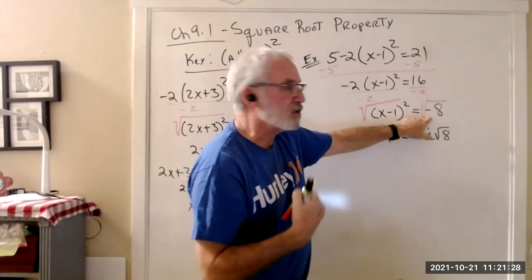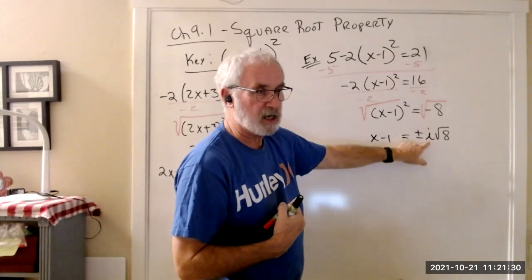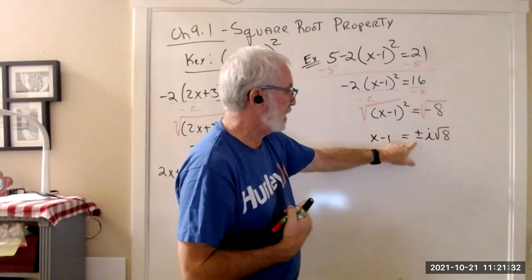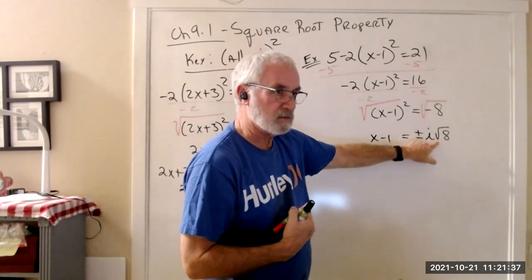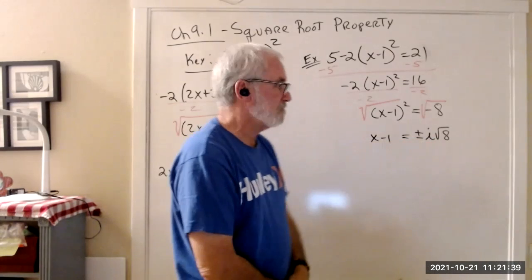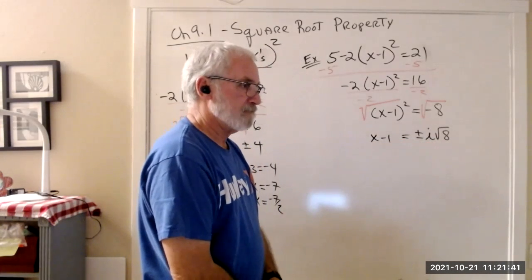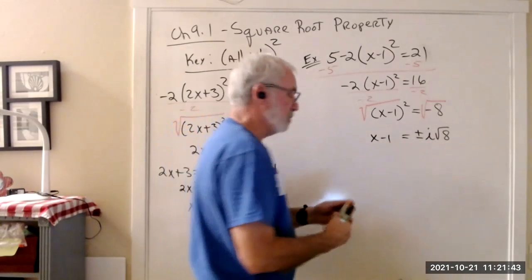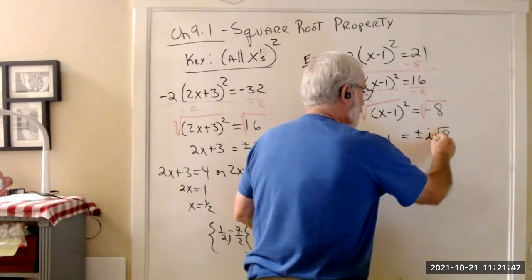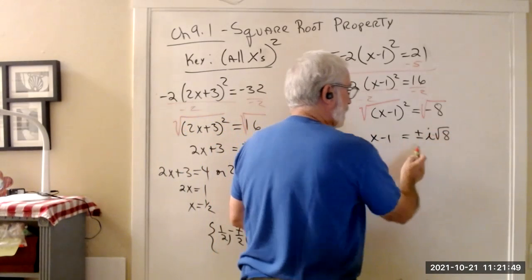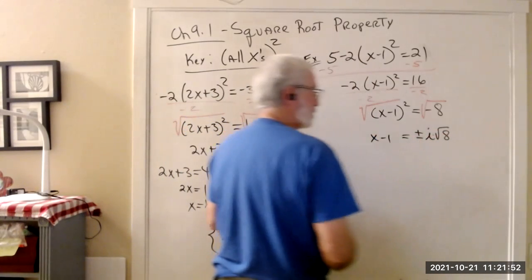That instantly comes out as an i. So plus or minus i times the square root of 8. Notice Aunt Sally, PIMDOS is kicking in. The i stays with the square root of 8. It's plus or minus that mess.